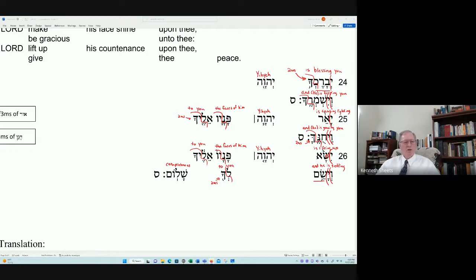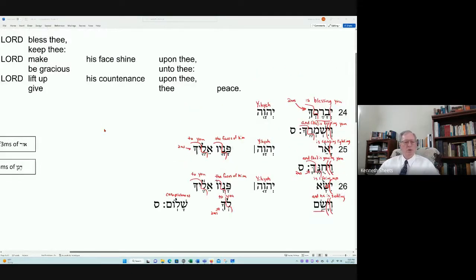So when he says, Yihya will bless you, and Yihya will keep you, and Yihya will cause the lightning of his face upon you, and so forth. We say, may the Lord bless you and keep you, but he's not saying that as though we would say it like I hope or I wish for the Lord to do this. That's not what he was saying. He was saying this is what the Lord will do.